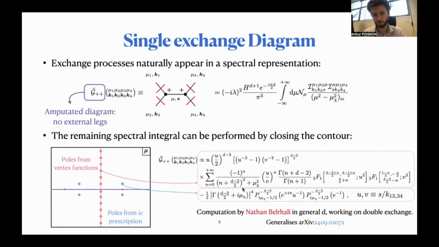These poles are giving the particle production contribution, so it gives the so-called cosmological collider signal, and these poles are generating the background signal here. This computation has been performed by Nathan, who collaborated with us in this paper, and it generalizes the computation made by Denis in D=3.